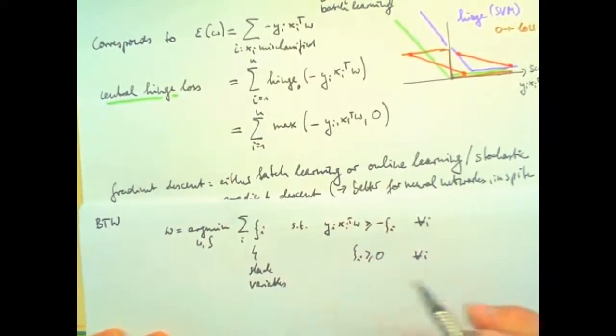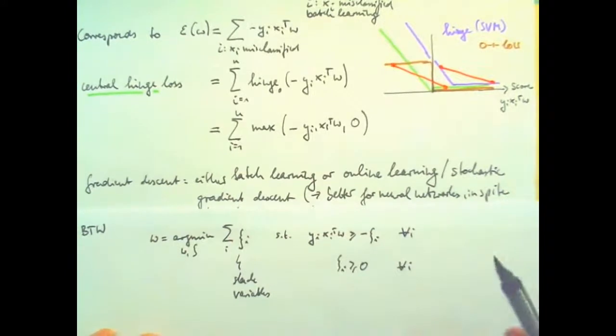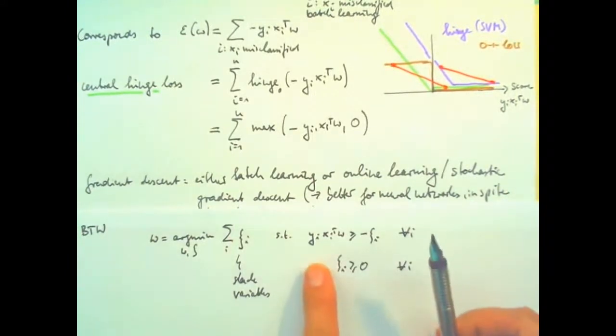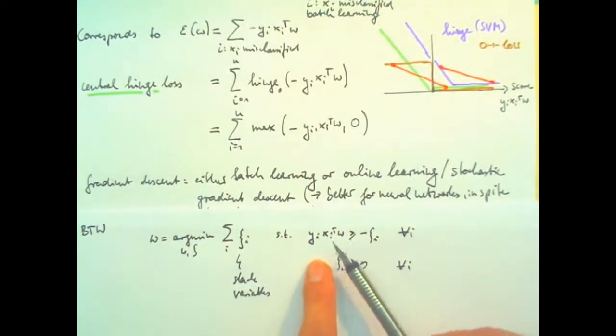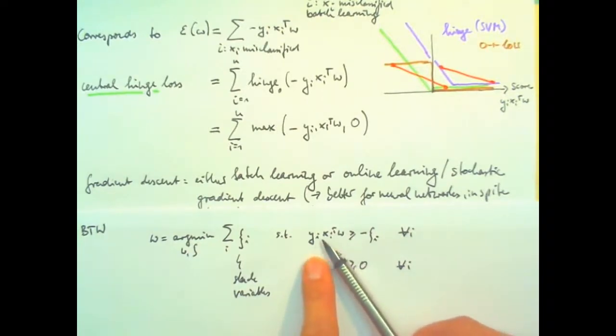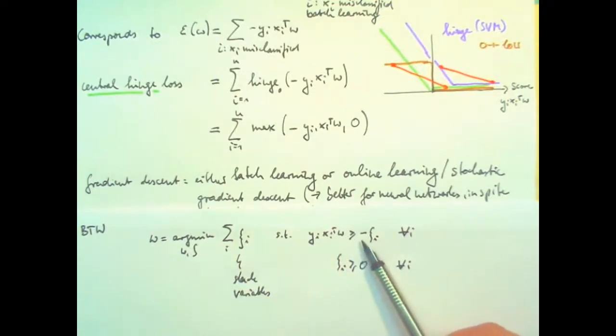So normally I would say that, at least for linearly separable problems, I'm looking for a solution W such that yi xi transpose W is larger than or equal to 0 for all observations. And now I'm relaxing this constraint. I'm saying it need not be 0.